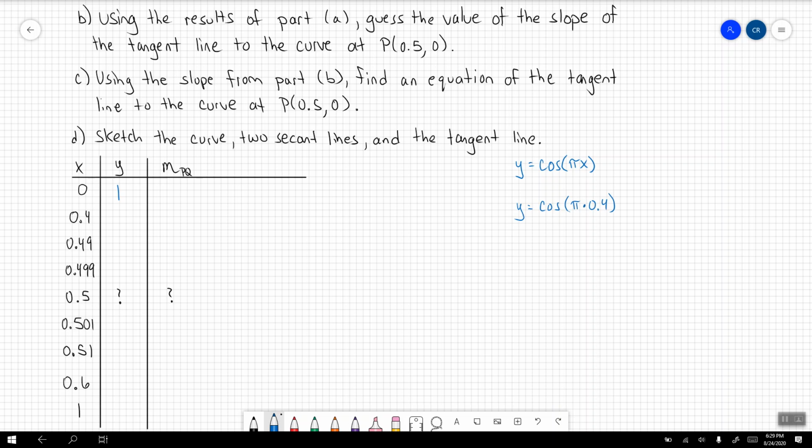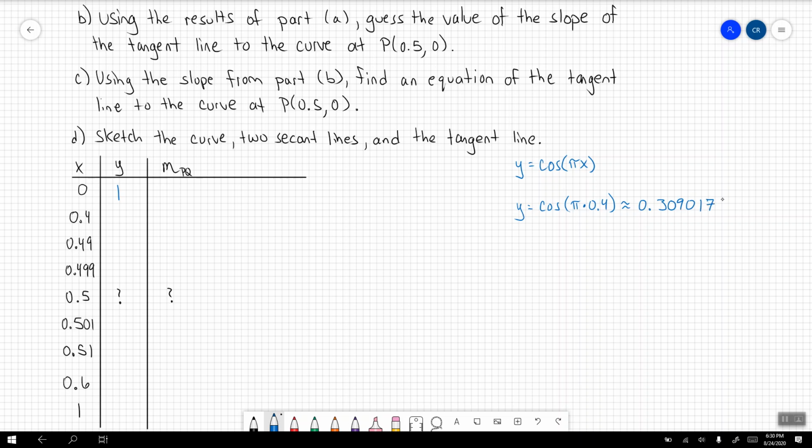And when you insert this into the calculator, since we have a pi in this particular case, please enter it in radians. So once we enter this into the calculator, we'll be able to see that this gives us an approximation of 0.309017.